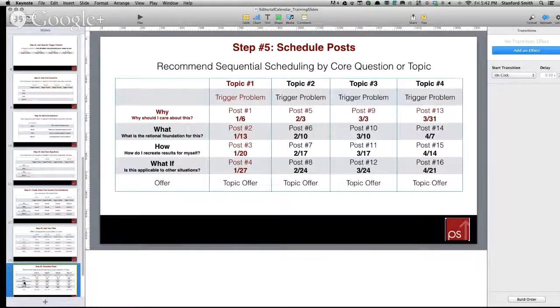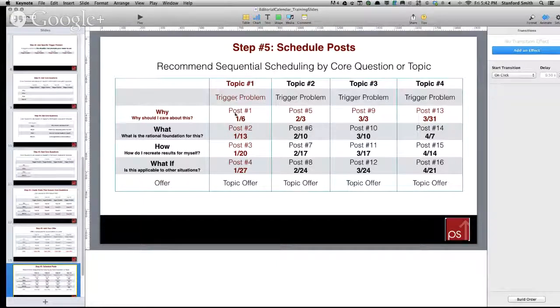So the last thing you do is schedule your posts. The reason I like to wait until the very end is because I really don't believe that scheduling your posts should take as much time and effort as I see people putting into it. There are a couple of things I would suggest here. First of all, I recommend sequential scheduling, meaning I don't think you should bounce around.